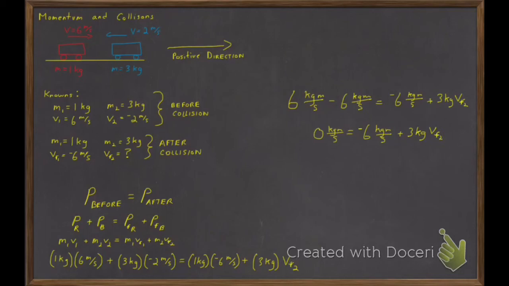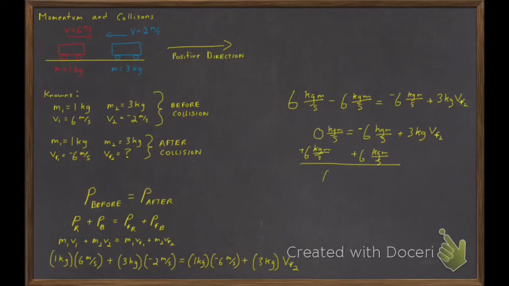So we're going to bring over that 6, so we're going to add a 6 kilogram meter per second to the other side. Again, we're able to do that because the units work out. We have a kilogram meter per second.